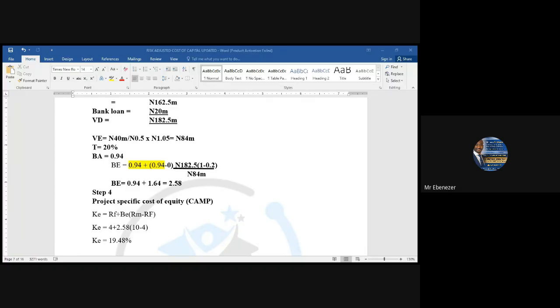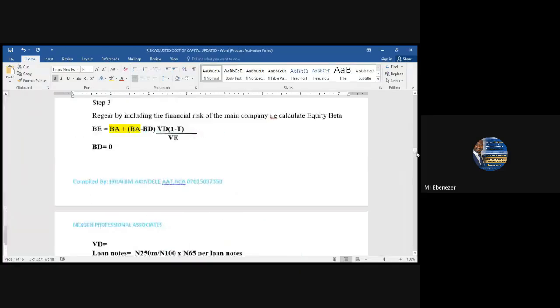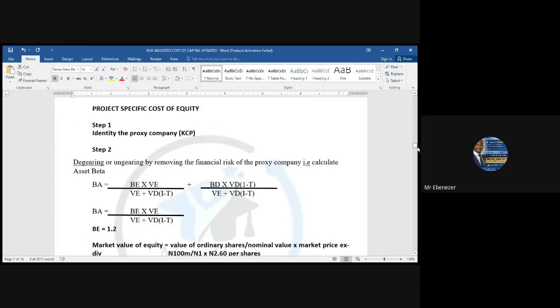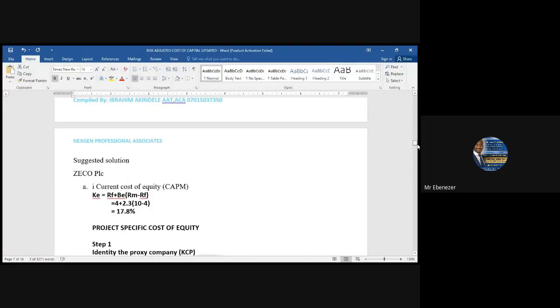Now, if you look at it, this is the project-specific cost of equity that will be used to discount the project. You can see that it increases. Why? The current cost of equity without debt is 17.8%, without risk.